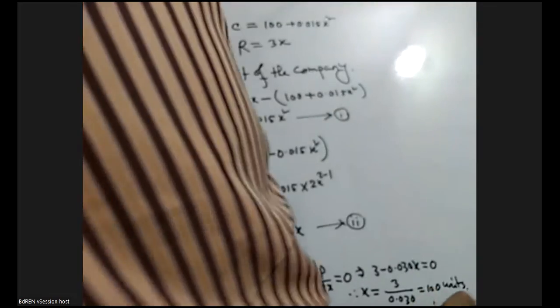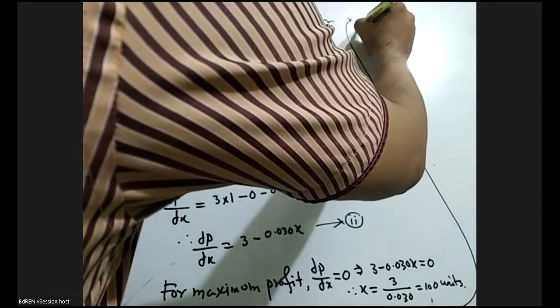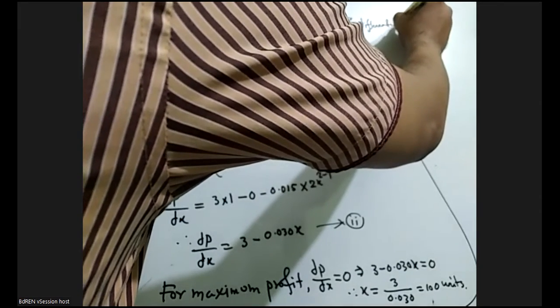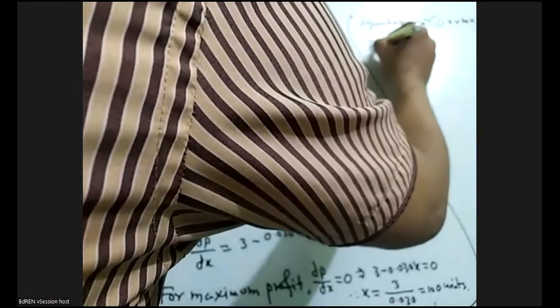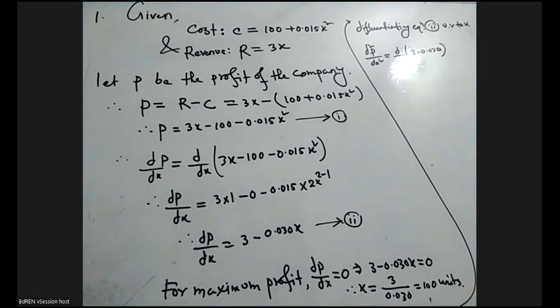Differentiating equation 2 with respect to x. Okay. So d square P by dx square equals what will be? Taking differentiation on both sides of equation 2, 3 minus 0.030 x.